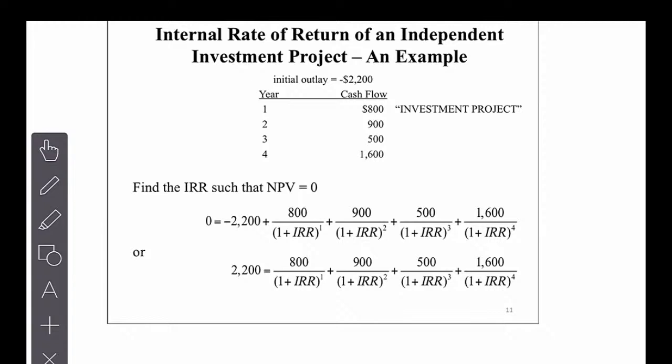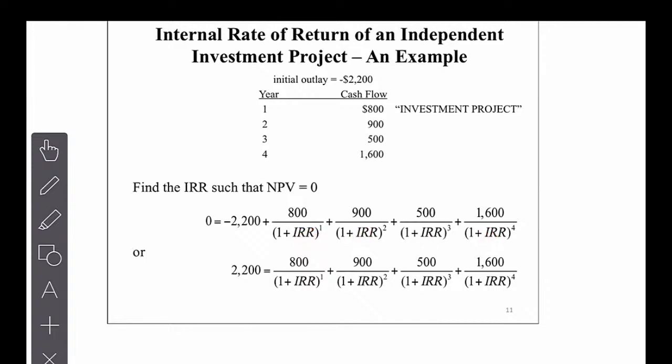Now, how would you solve this algebraically? Can you solve this? Think about it. Can you isolate the rate? Can you isolate IRR, which stands for the discount rate in here? Can you isolate that algebraically?